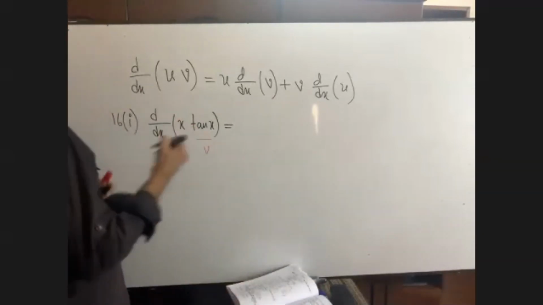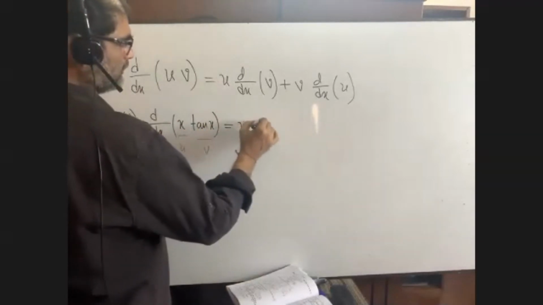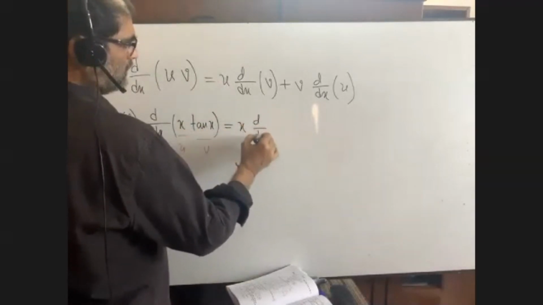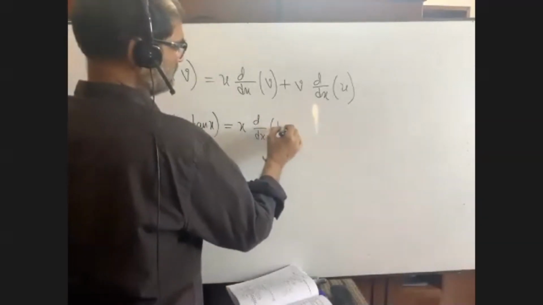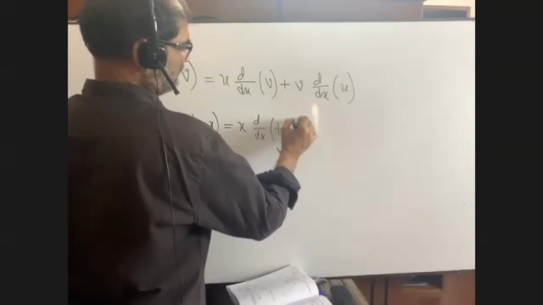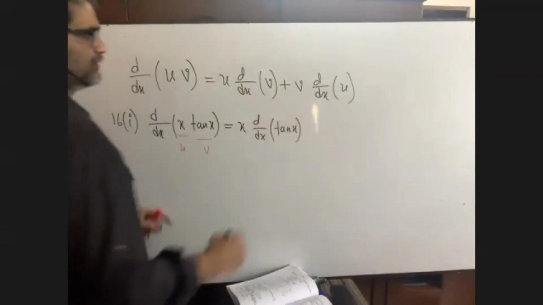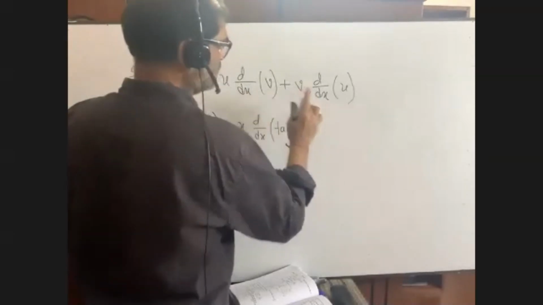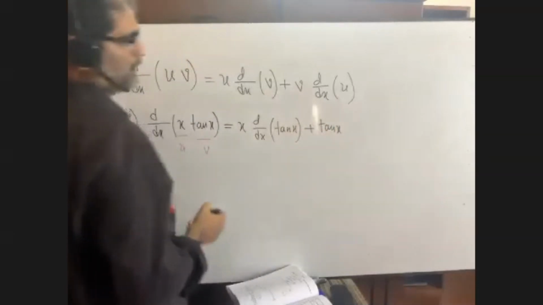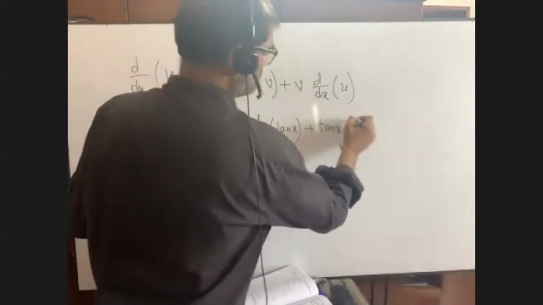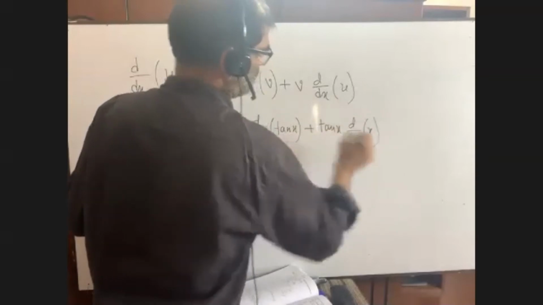So you have put the value here. It is u, so x, d by dx v. What is v? Tan x. Then v is tan x. Then again d by dx u. u means what? x.